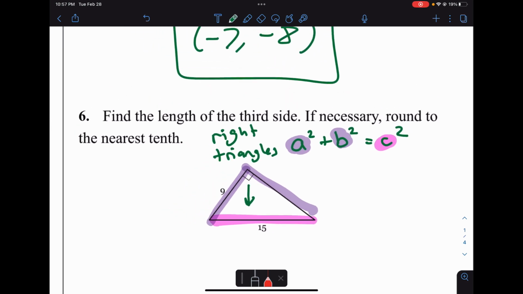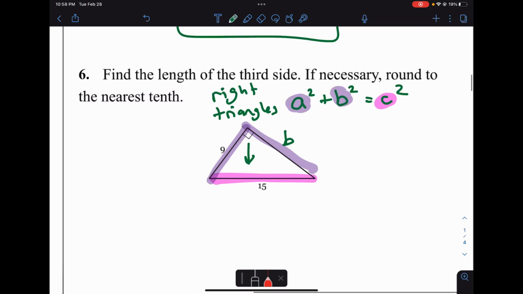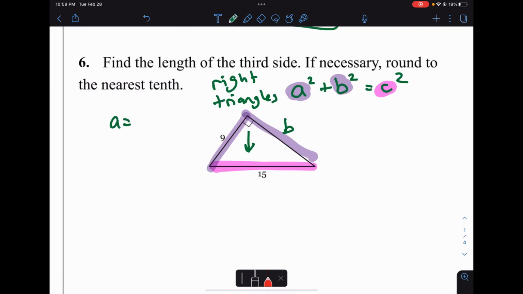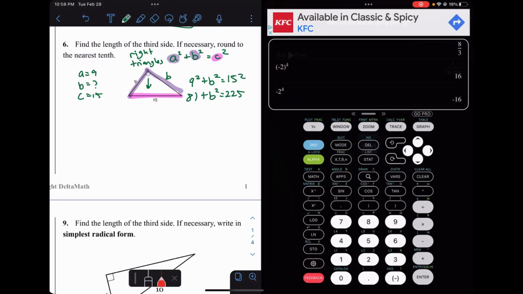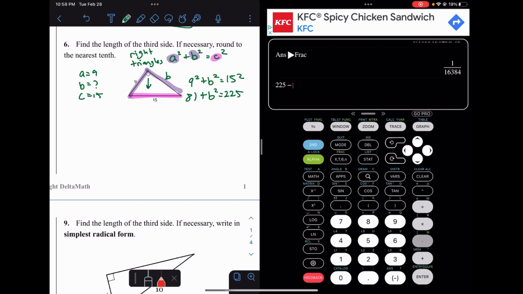In this case, they're asking for us to find this missing side here. So we'll just say that that's my B side. We'll say that A is 9. We don't know B, and my C is 15. So I'm going to say 9 squared plus B squared equals 15 squared. So I get 81 plus B squared is 225. And then 225 minus 81 gives me 144.